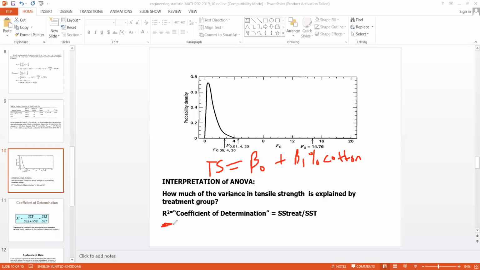That R squared, which is the coefficient of determination in ANOVA, is estimated using the sum of squares treatment over the sum of squares total. Good.